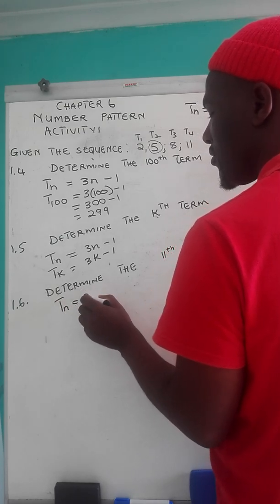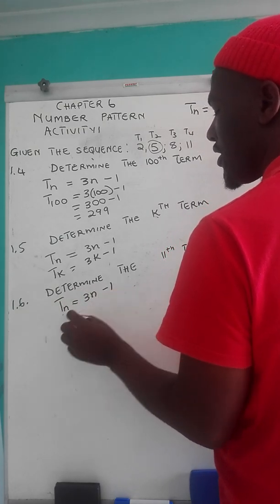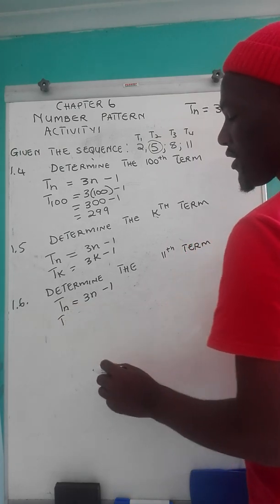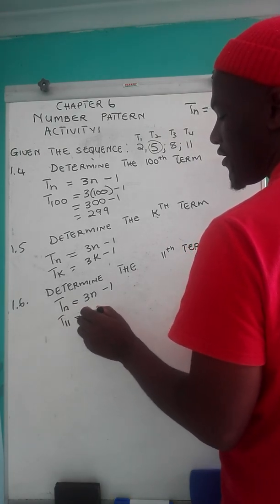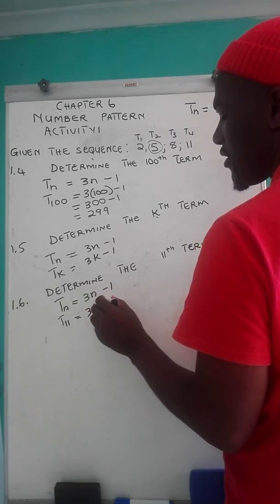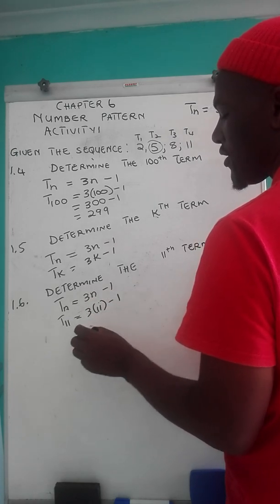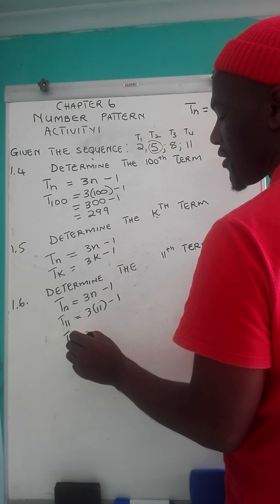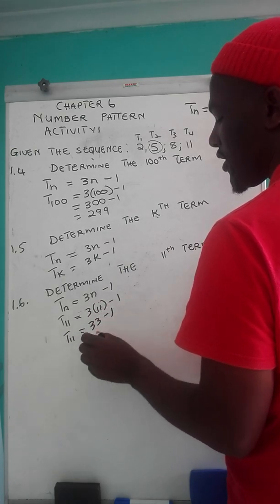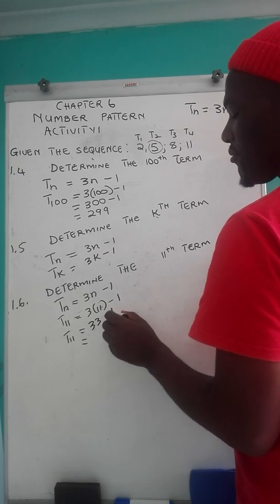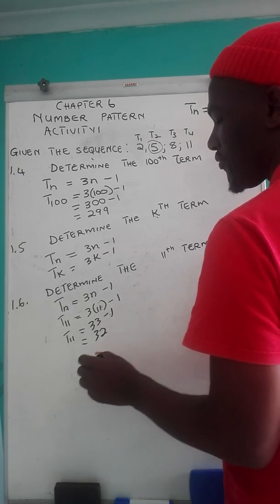Tn is equal to 3n minus 1. When you see n, you substitute 11. It's 3 times 11 minus 1. 3 times 11, it's 33 minus 1. 33 minus 1, it's 32.